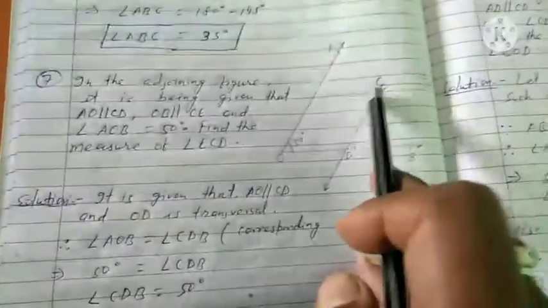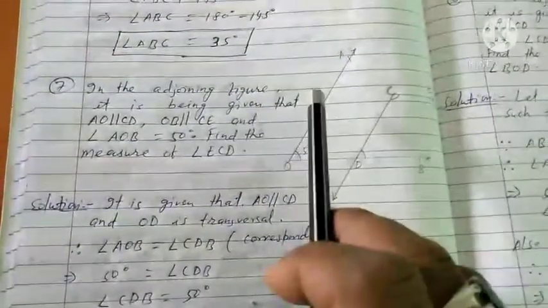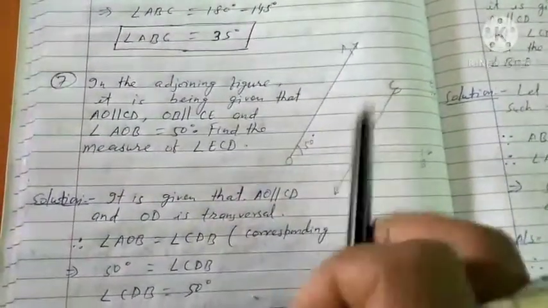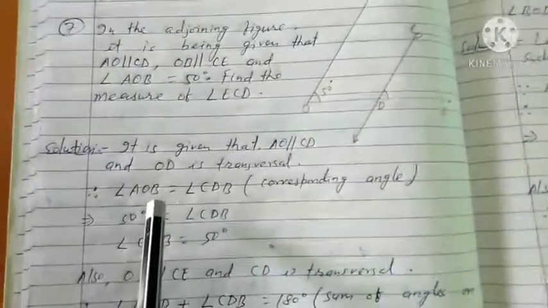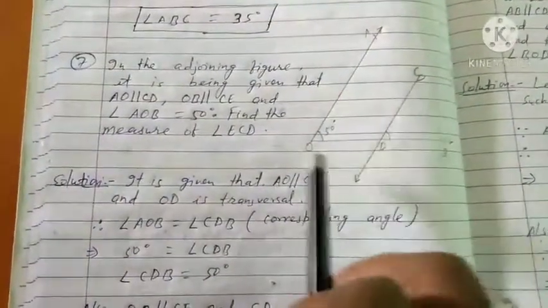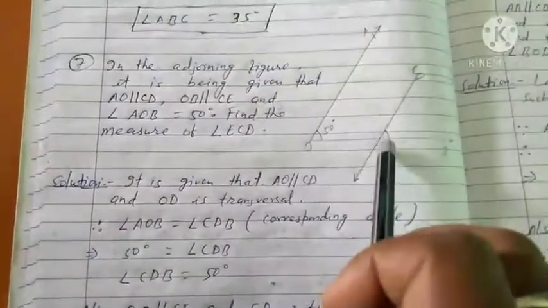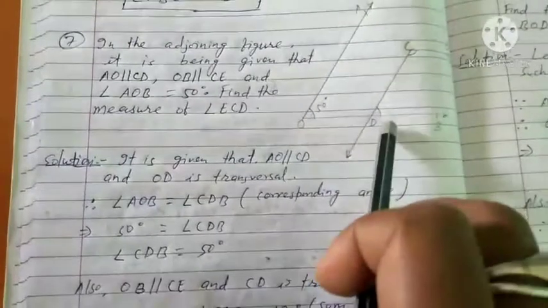So first, to find this angle, we need to have this angle. Since OA is parallel to CD and OD is a transversal for these two parallel lines, these two angles will be equal. They are called corresponding angles.